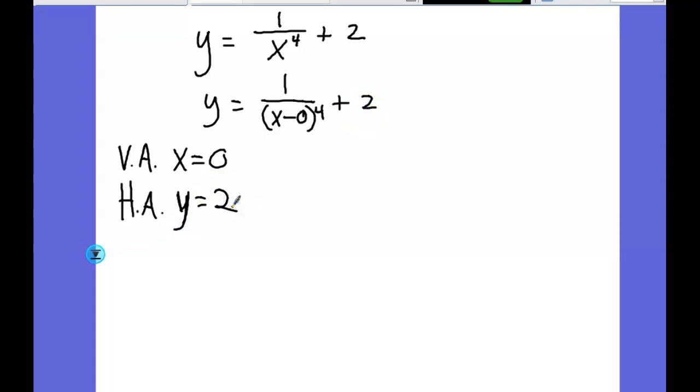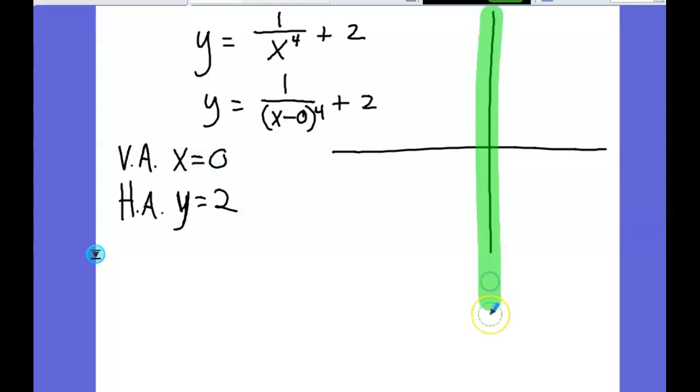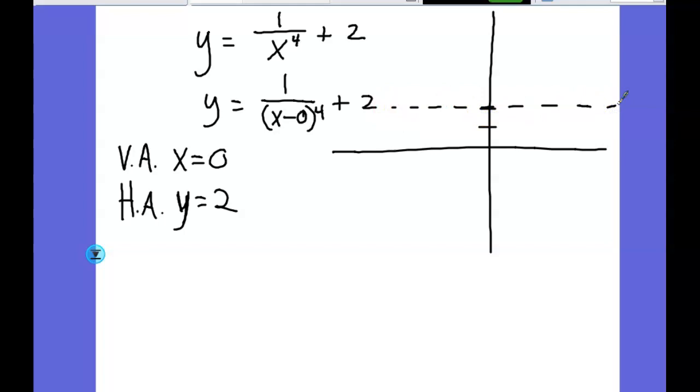All right, so now we're ready to graph this thing. So my vertical asymptote is at x equals 0. That's right here. That's just the y-axis. My horizontal asymptote is at y equals 2. Okay, so I'm going to try to color code these again just so that we can see them a little better.